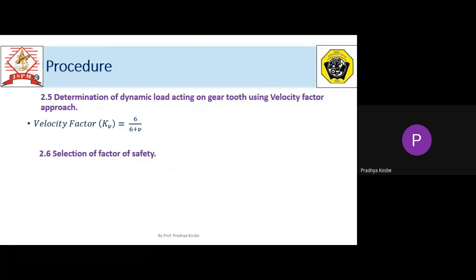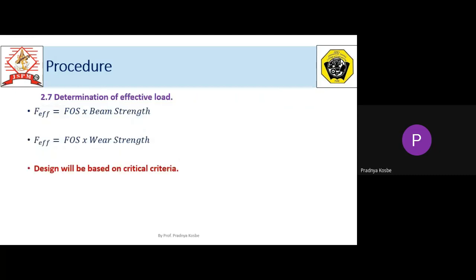After selection of factor of safety, determination of effective load.